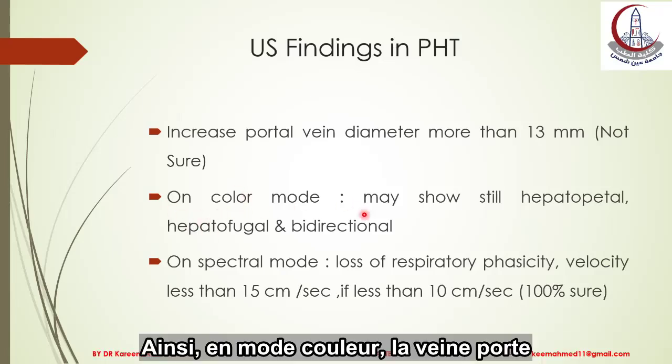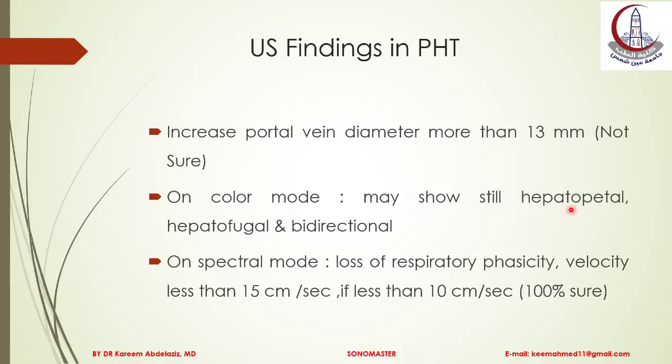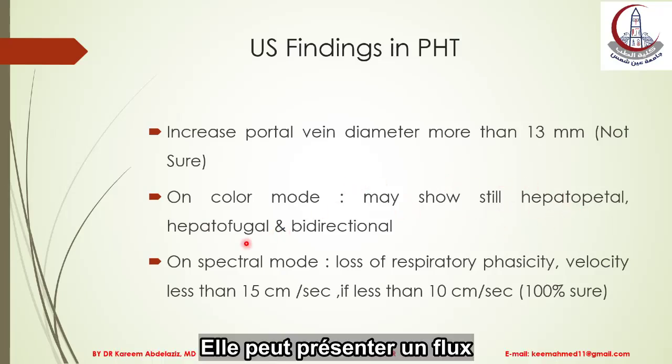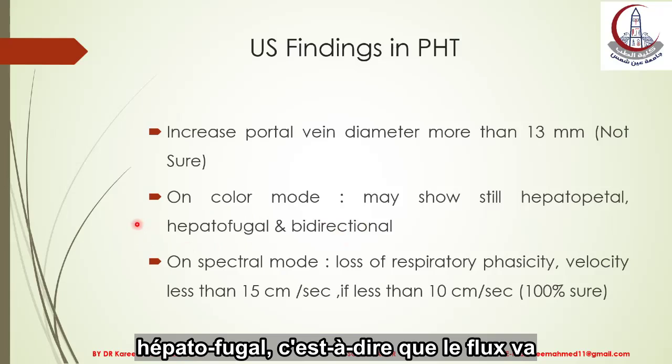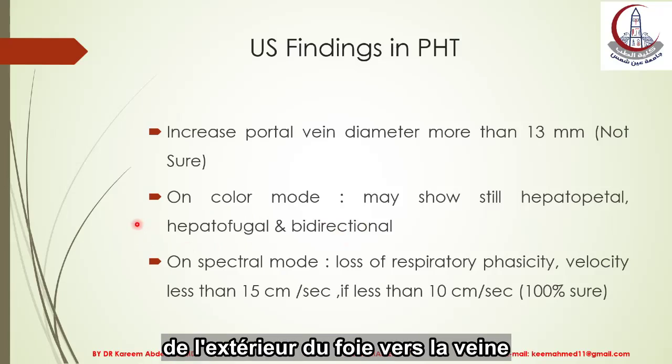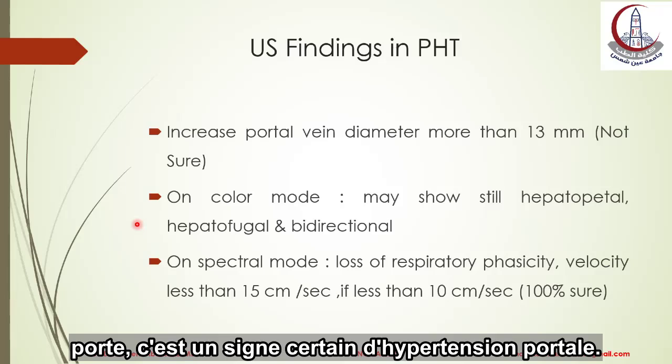So on color mode, the portal vein may still show hepatopetal flow. It may show hepatofugal flow and it may show bidirectional flow. And by the way, if it shows hepatofugal flow, where the flow is going from outside the liver back to the portal vein, this is a sure sign of portal hypertension.